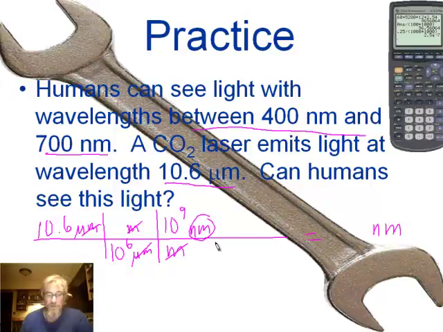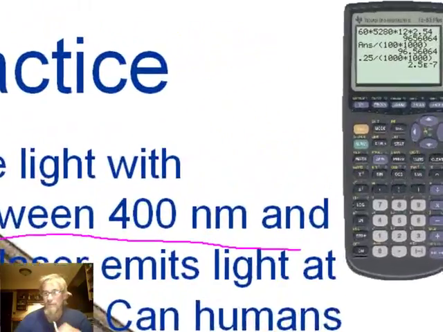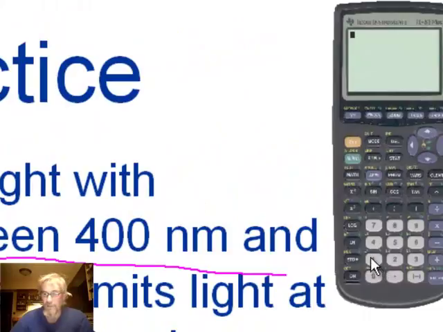Now that I'm at the target unit, all I have to do is my arithmetic. So I go to my calculator, and I'm going to take 10.6 and multiply it by 10 to the 9th. Remember, on your graphing calculator, second function, comma, puts the EE in there. It's 1 times 10 to the 9th, but you can skip the 1 part. The calculator's okay with that.